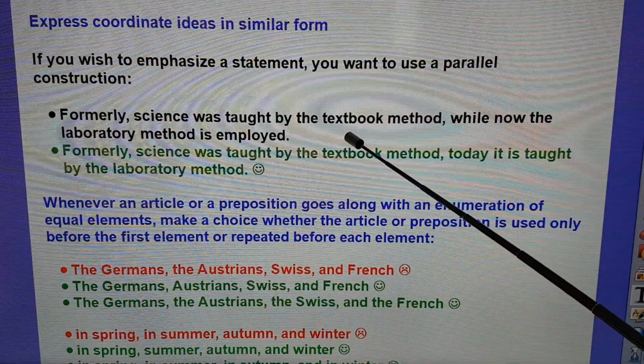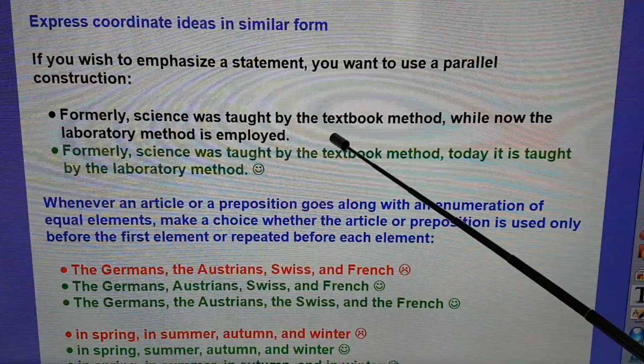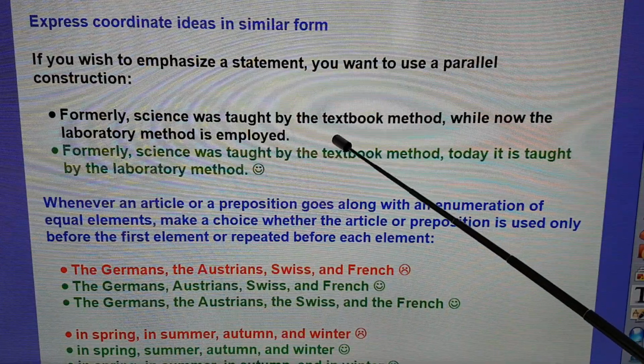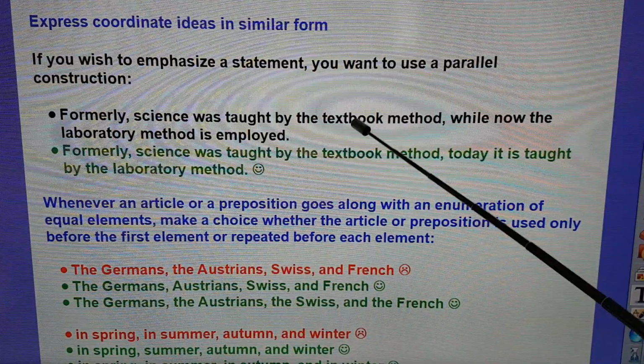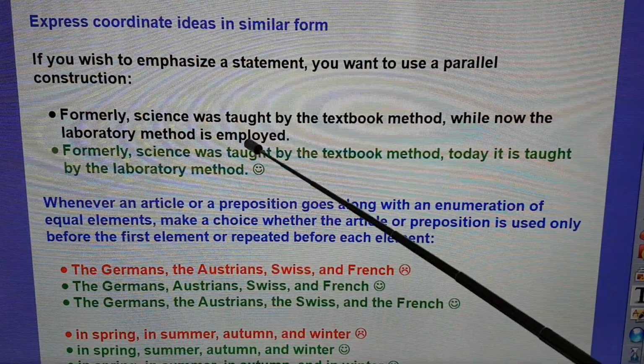There's nothing wrong with the sentence. The grammar is fine, the language is fine, only, why a change of structure here?